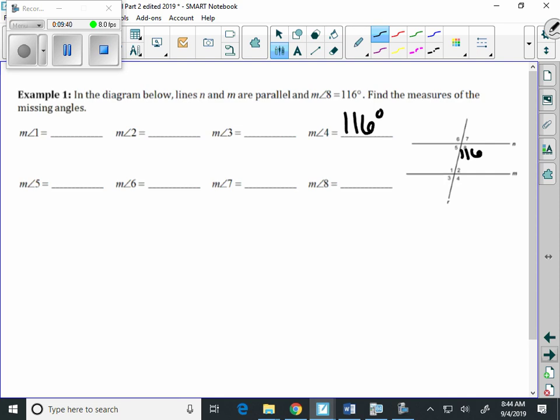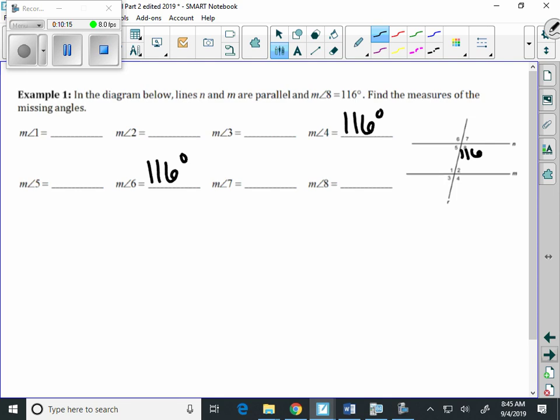But not only do we have corresponding angles, earlier in our notes we also talked about vertical angles. Vertical angles are congruent. Angle 6 and angle 8 are vertical, which means that not only are angles 8 and 4 116 degrees, but angle 6, again because of vertical angles, is 116 degrees.